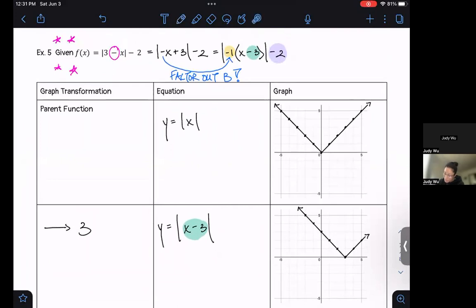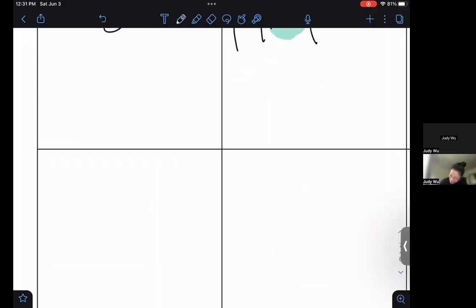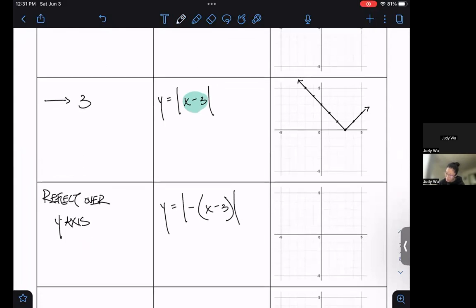Now I have this negative 1. And when the b is negative, that's not a reflection over the x-axis, but rather it's a reflection over the y-axis, okay? So let's write that in. We're going to reflect over the y-axis. And that looks like y equals, inside the absolute value, negative x minus 3.